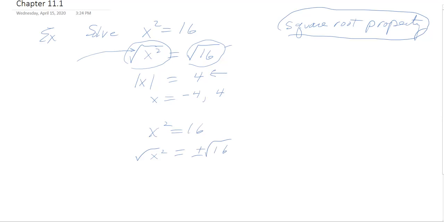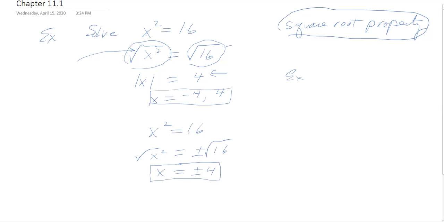Put it on one side. It doesn't matter which, but we'll keep it on the constant side, because it's easier. So this gives you that plus or minus 4, and you just leave this side as an x. We have the same two solutions either way.